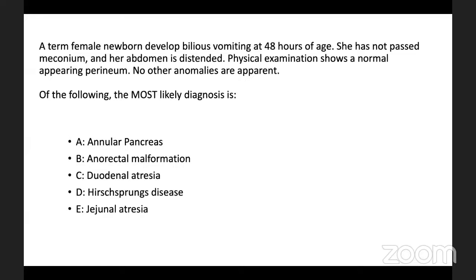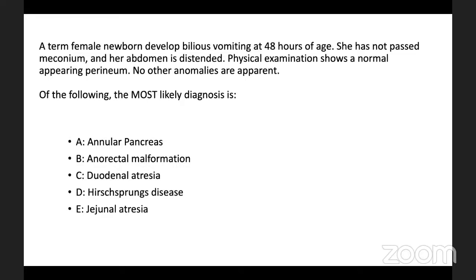If somebody is choosing Hirschsprung, what is in their mind? If somebody chose duodenal atresia or anorectal, why are they choosing those diagnoses as compared to the others? No shyness, nothing.